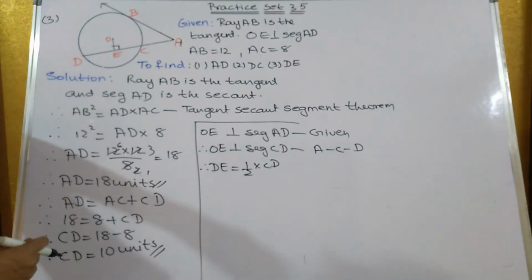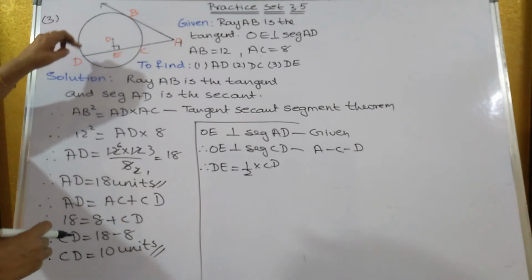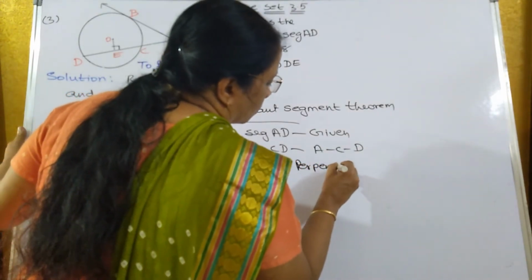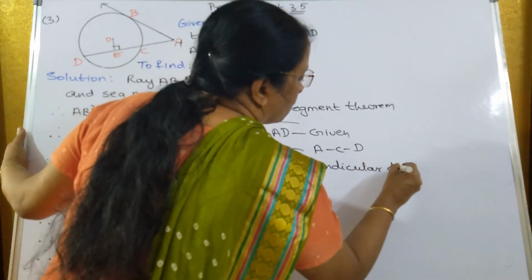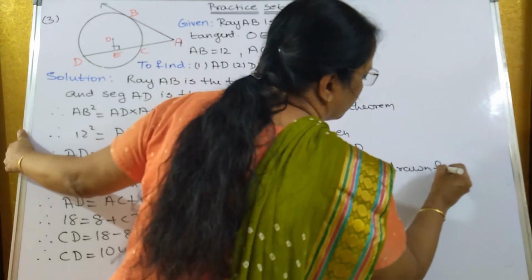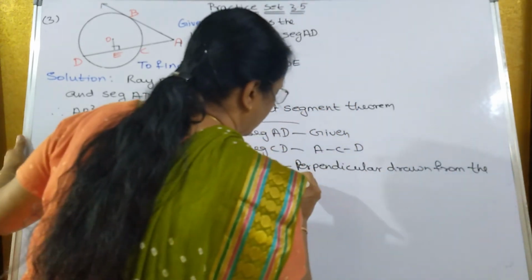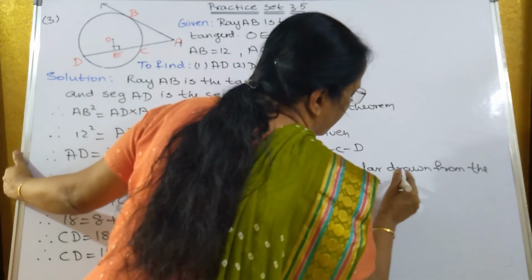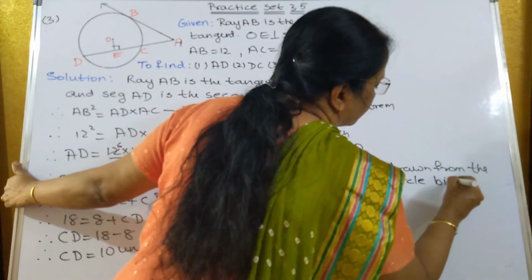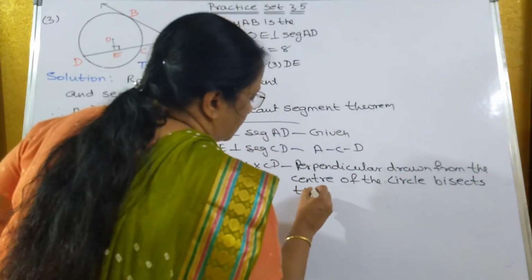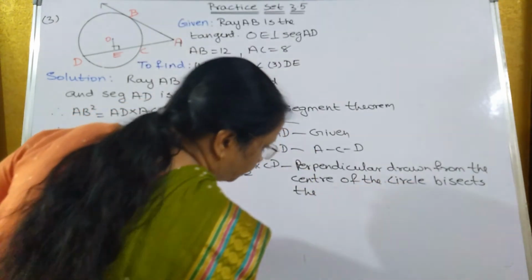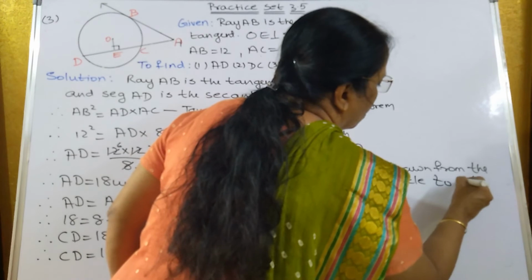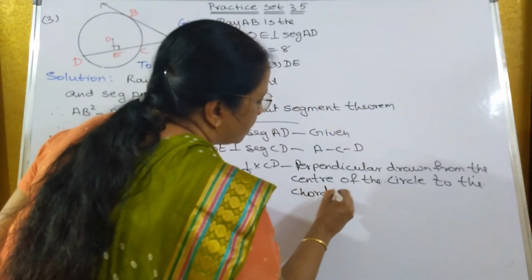OE is perpendicular from the center, and we have already studied that a perpendicular drawn from the center of the circle to the chord always bisects the chord.